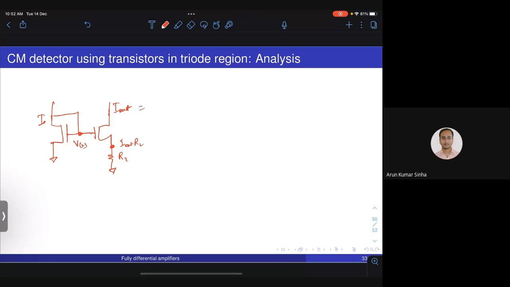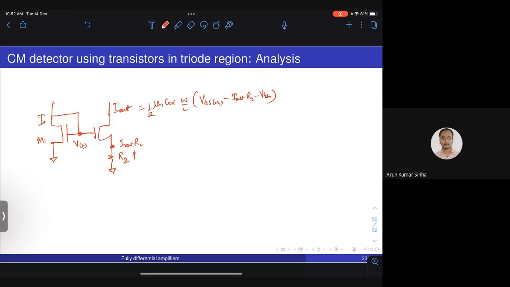I out will be basically (1/2) mu_n C_ox (W/L) times (VGS minus I out times R2 minus VTH) squared, where VGS is the VGS of M1.